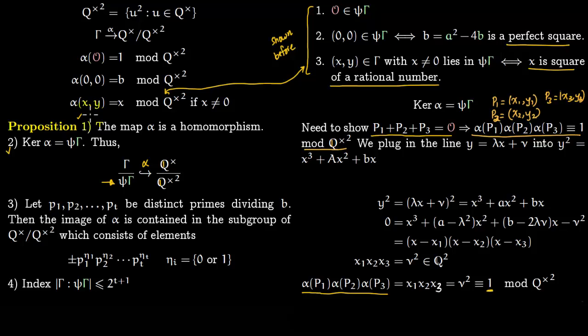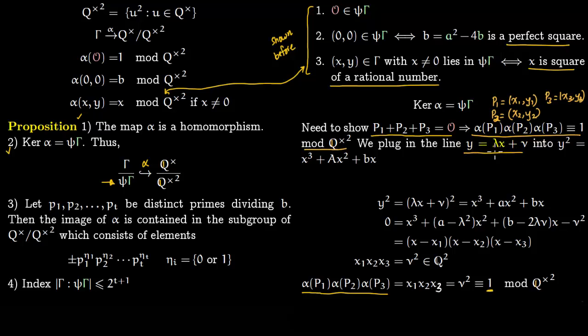You know that alpha of x, y is x, so essentially we want to show that alpha p1, alpha p2, alpha p3, which is x1 x2 x3, is equivalent to 1 modulo squares of non-zero rationals. To proceed, you know that when you say you are adding 3 points, this essentially means these 3 points are lying on a line which is cutting the curve. Say this is the line y equals lambda x plus nu.